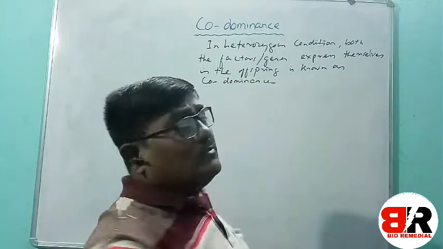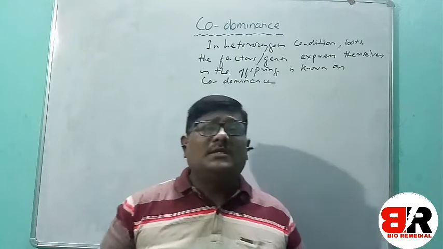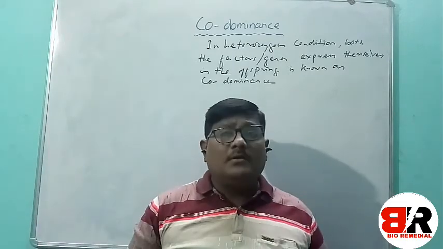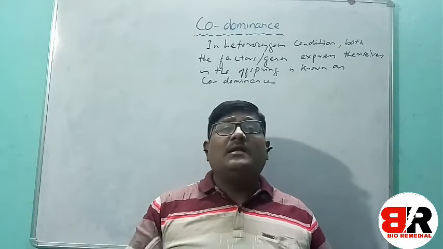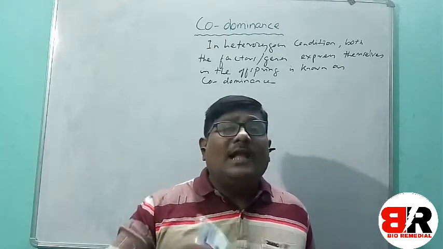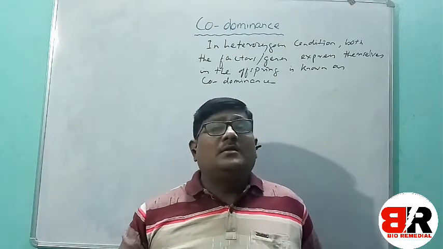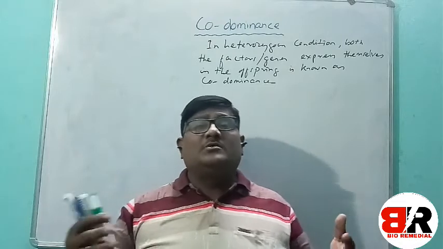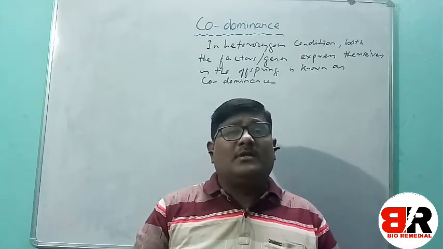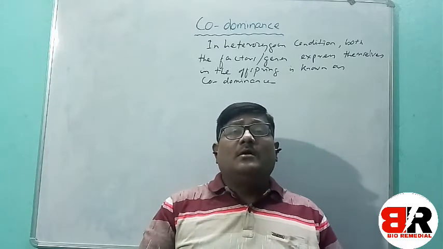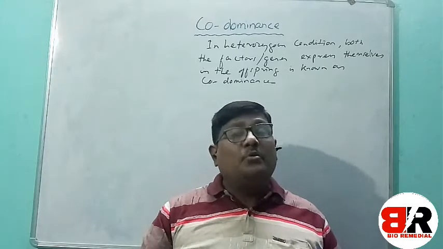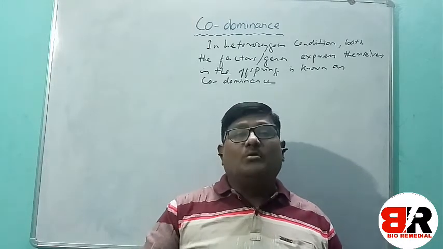Yes, students, you can write down your own sentence. This is very simple. Out of two genes, both genes express themselves in the offspring. That means together both the genes express, neither of them completely dominant, both the genes show blending inheritance. That means they are showing a mixing character. Here you will find the presence of both characters controlled by both genes. This is all about codominance.